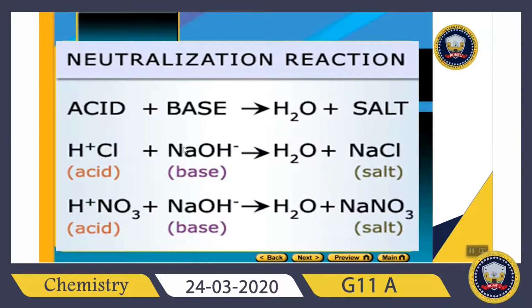From the cation part of the base and the anion part of the acid. You know, this Na is called a cation. Why? Because it carries a positive charge. Cl carries a negative charge, which is called an anion. So NaCl is formed from the cation part of the base and the anion part of the acid.